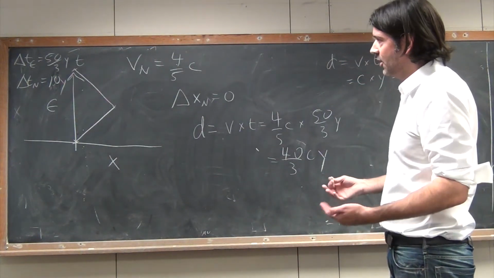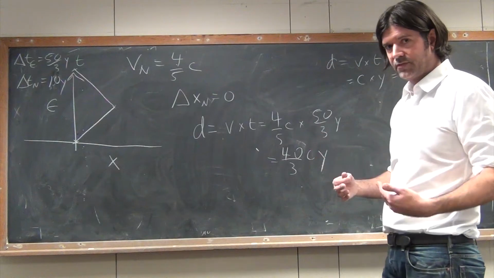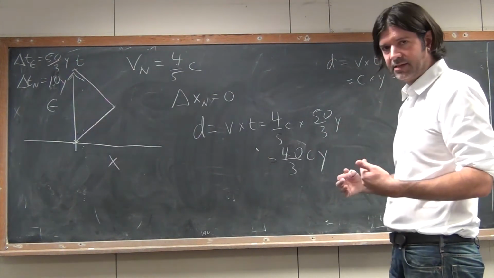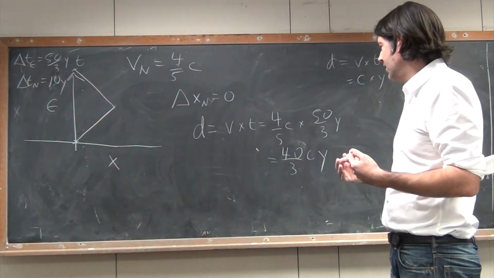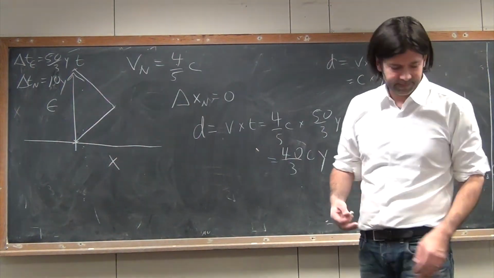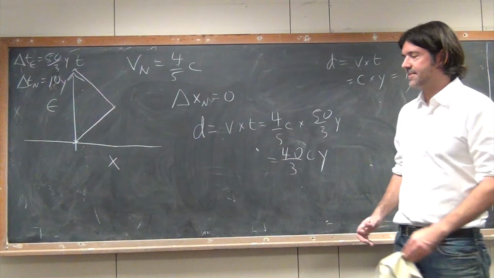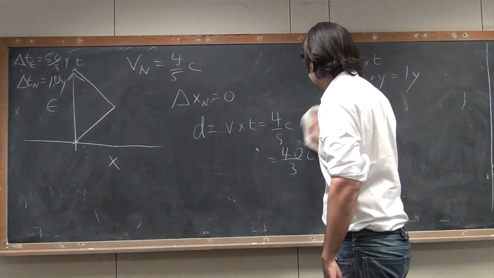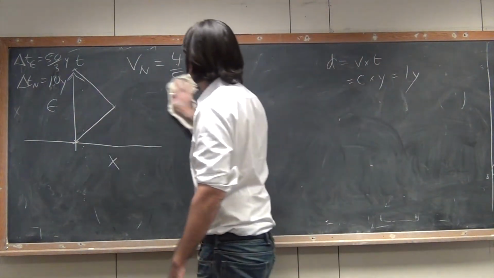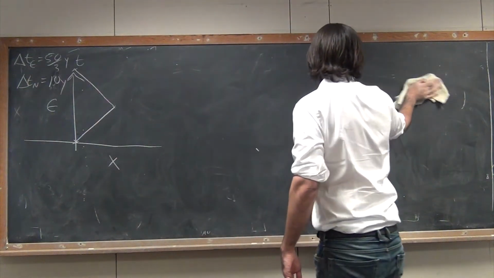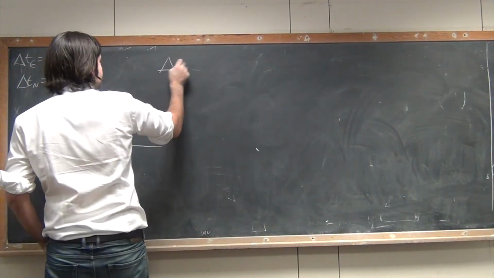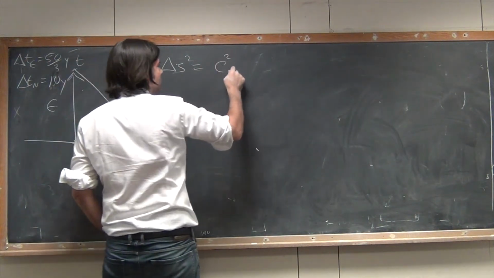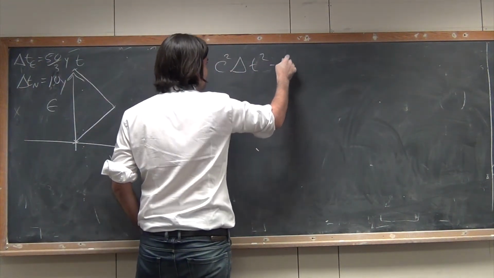So we now know how long the trip took in Newton's frame, how far he went in Newton's frame, how long it took in Einstein's frame, and how far he went in Einstein's frame. So we can calculate the invariant space-time intervals. So delta S squared is c squared delta t squared minus delta x squared.